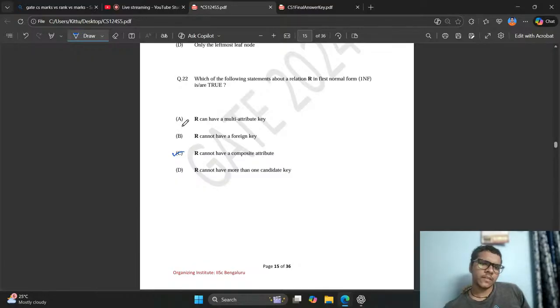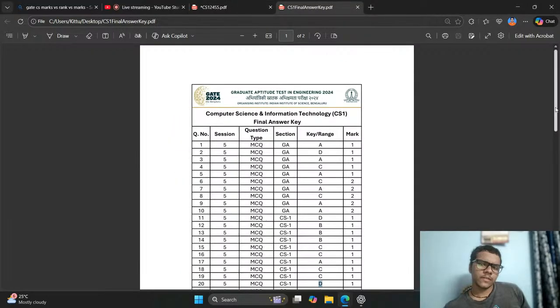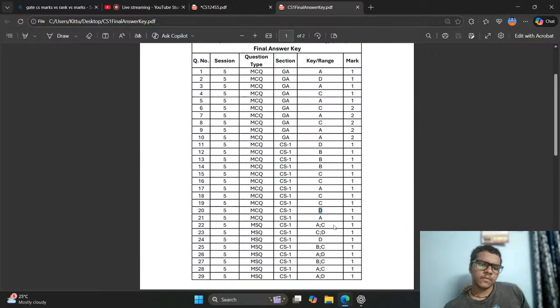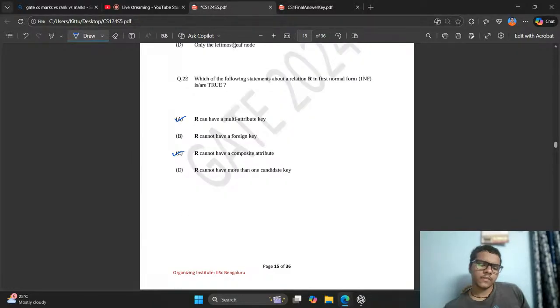Multi-attribute key it can have. R cannot have a foreign key. R cannot have one candidate key. I see. A and C. Nice.